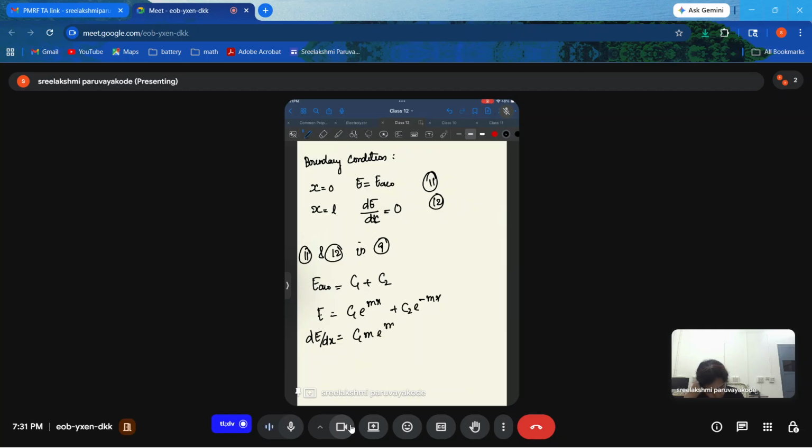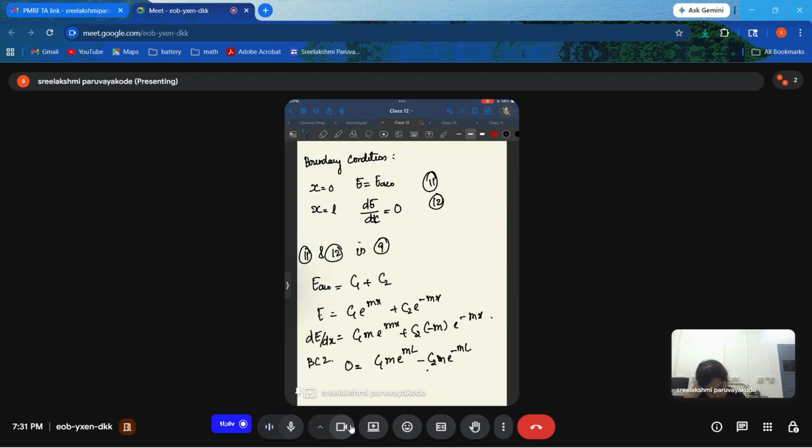C1 m e to the power mx plus C2 minus m e to the power minus mx. Right? Now dE by dx equal to 0 at x equal to L. Boundary condition 2. If I substitute, 0 equal to C1 m e to the power ml minus C2 m e to the power minus ml.